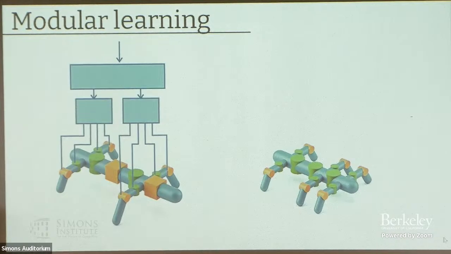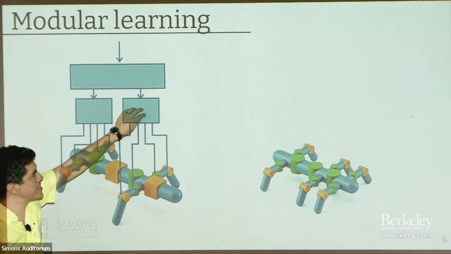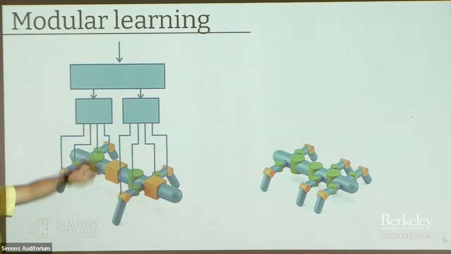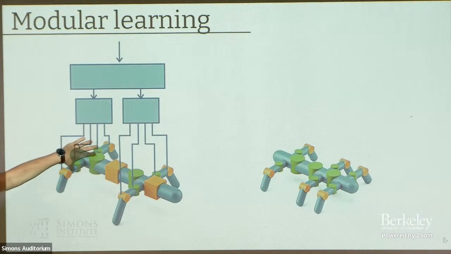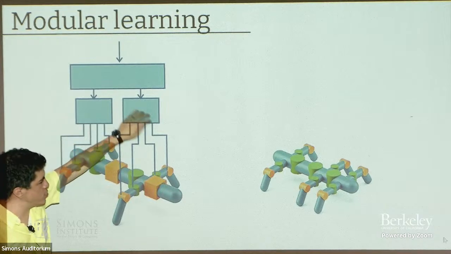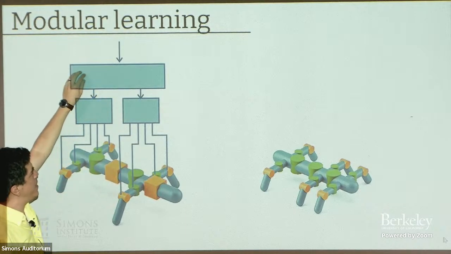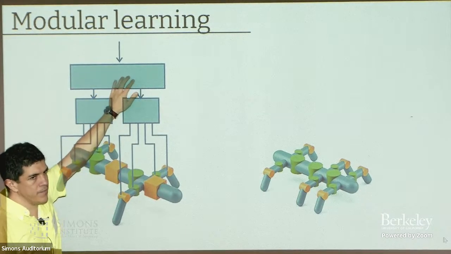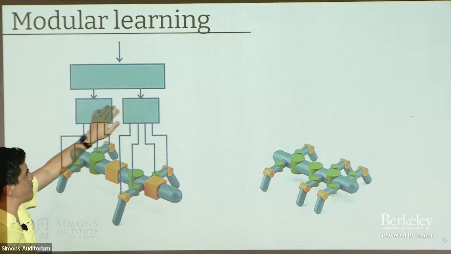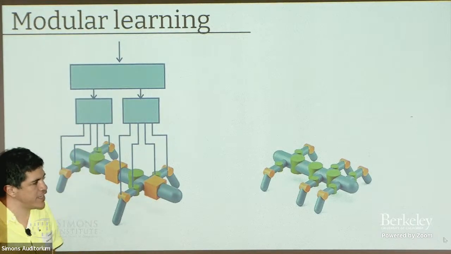But if I could, instead of learning one monolithic controller, learn something that has this nice modular structure where I have a module for this leg assembly, and then I reuse that same module for this leg assembly, and then I have a main controller here that just gives high-level commands to each of these.